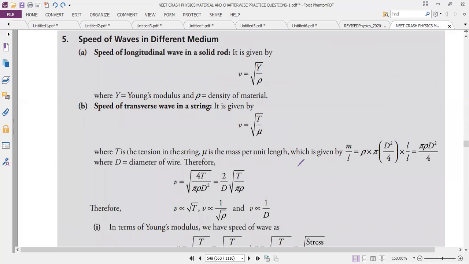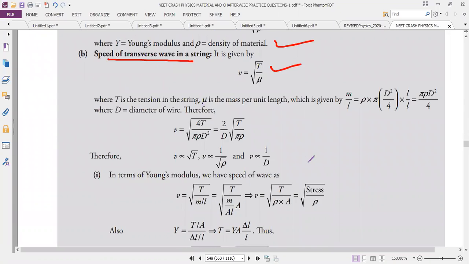So the speed of sound in different media: for the longitudinal wave in a solid, Y is Young's modulus, rho means density of material. The speed of transverse wave in a string, v is equal to root of T by mu, and the relation for T, rho and d, where d means diameter of the wire.